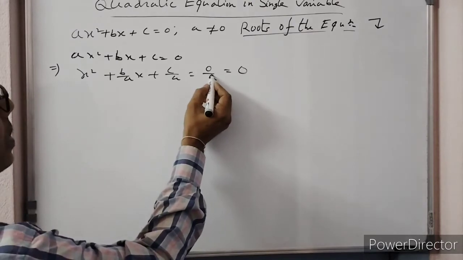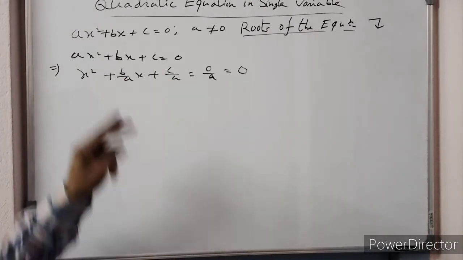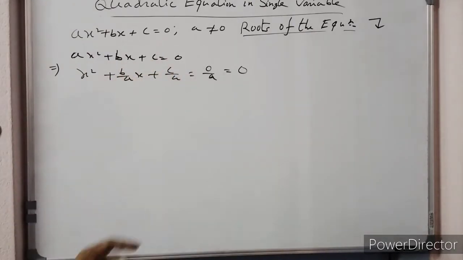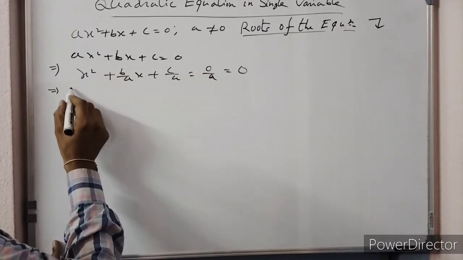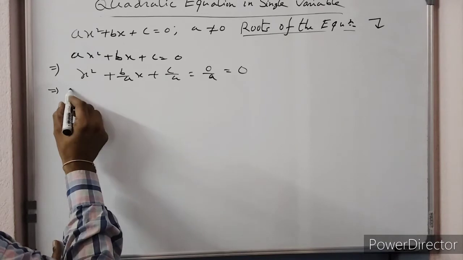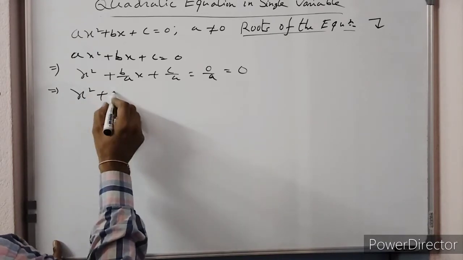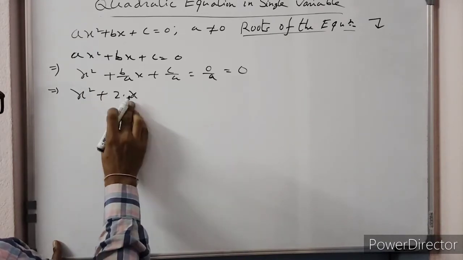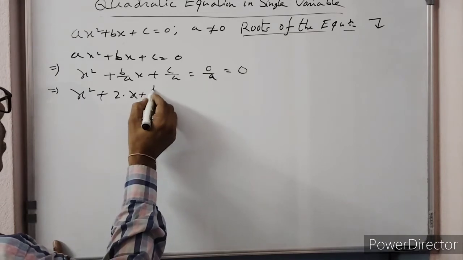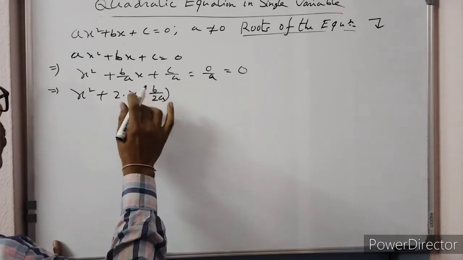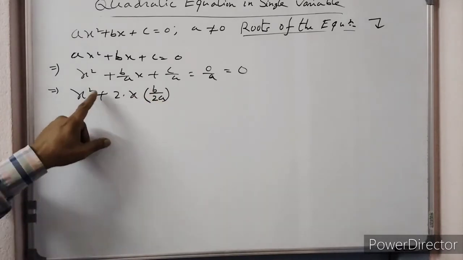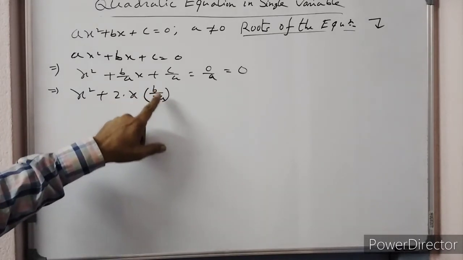Okay, we have divided both sides, LHS and RHS, by a, since a not equal to 0. Now make it a perfect square. x square plus 2 into x into b by 2a.